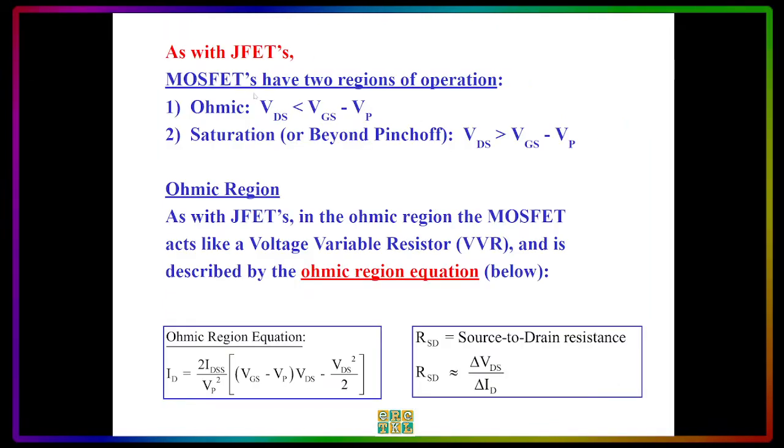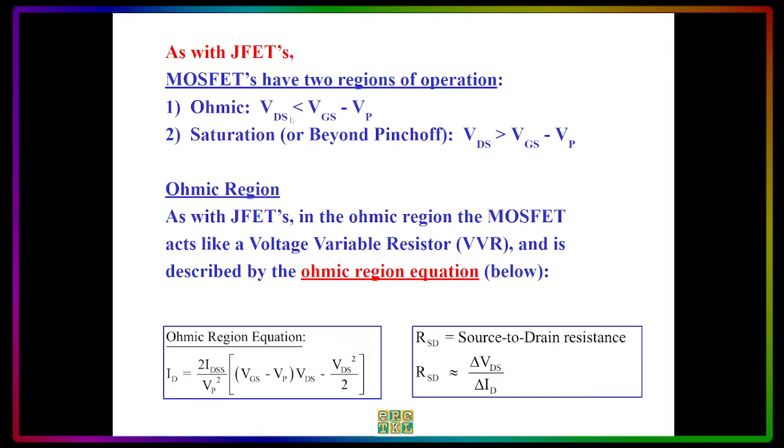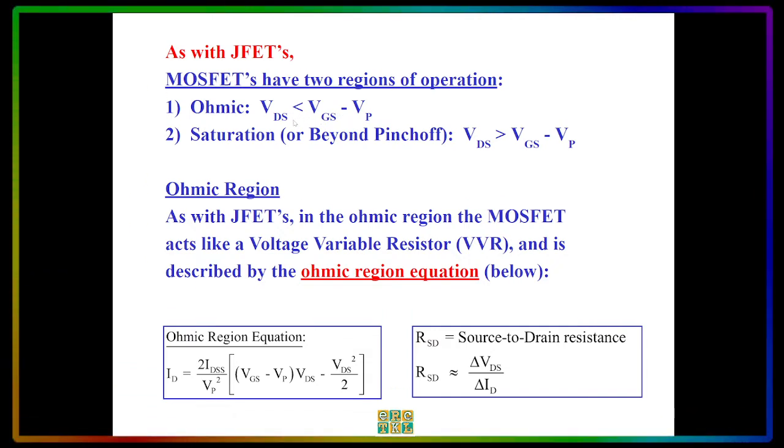Now, as with JFETs, the MOSFETs have two regions of operation. We have what we call the ohmic region, where VGS minus VP is more than the value of VDS. So when you calculate VGS minus VP, the answer will be more than VDS.